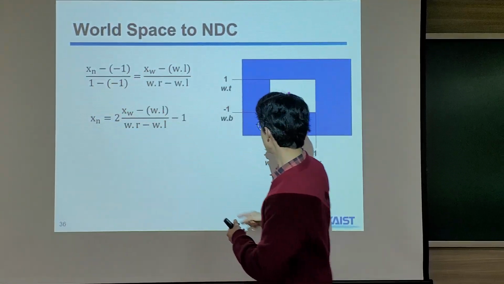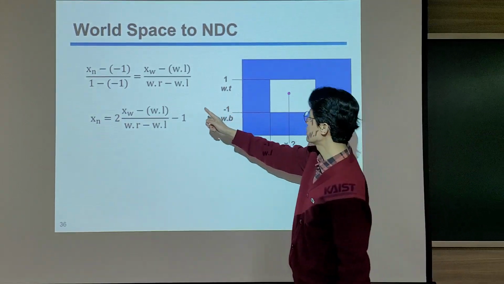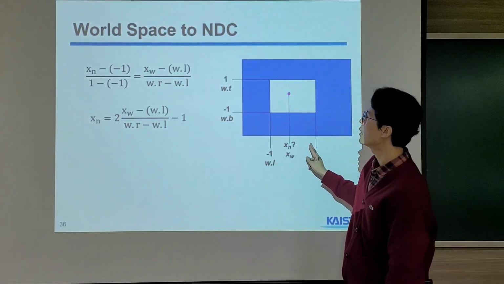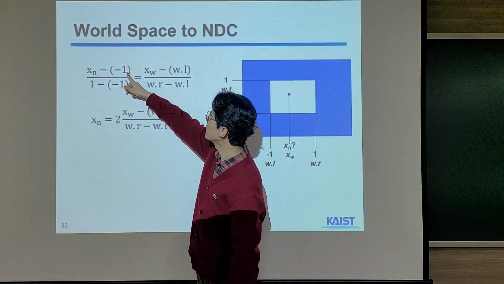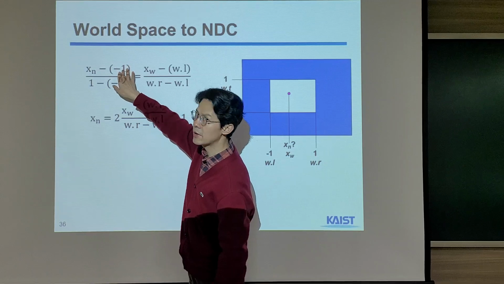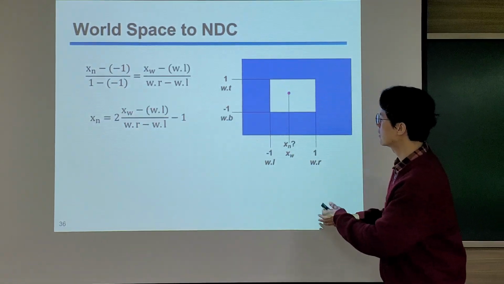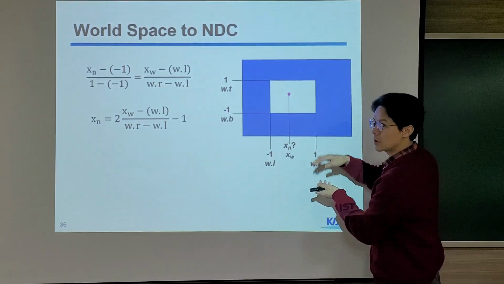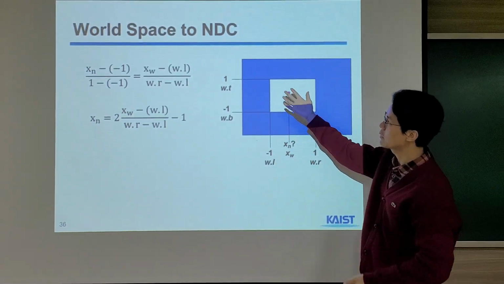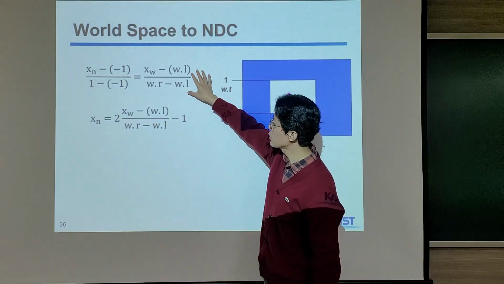Then L and R map to -1 to 1, so we get this, and then the ratio in the NDC space is XN minus -1. So we still maintain the ratio between the world space and the NDC space. Based on that, we can set up this equation.